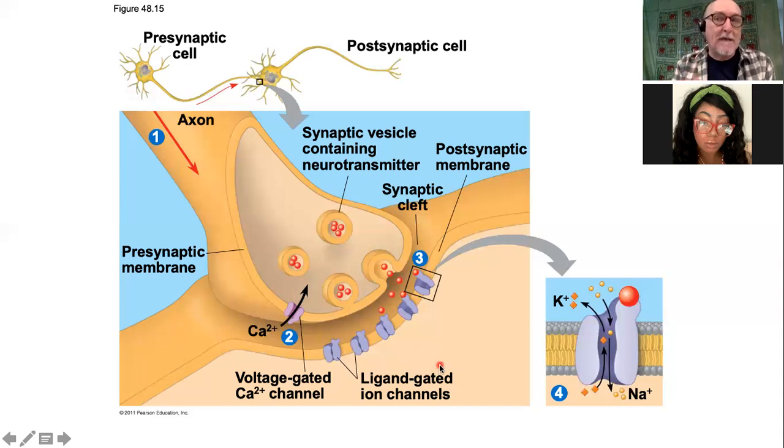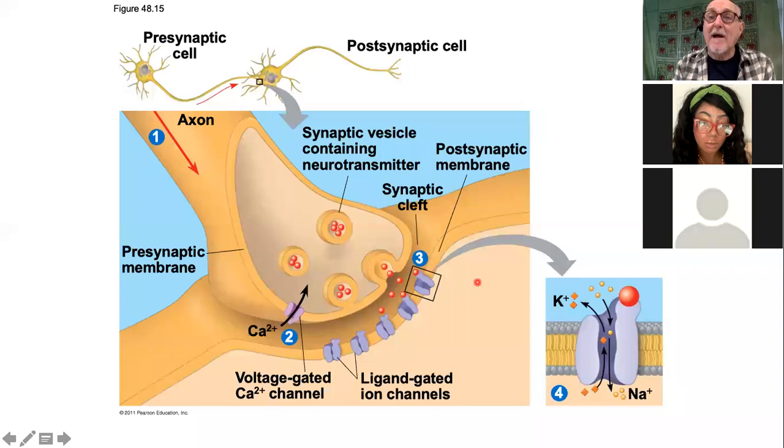Just think for one minute, though, about some of the other instances that I've told you. Think in particular about what if this is not another nerve cell where a nerve action potential is generated? What if this is a muscle cell? How is a muscle cell actually stimulated to contract?